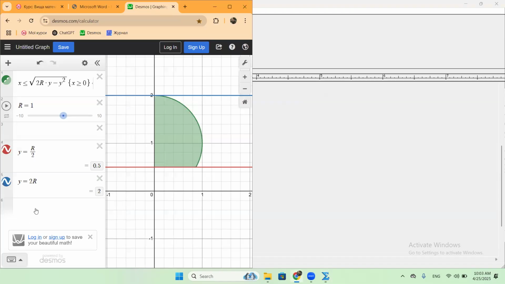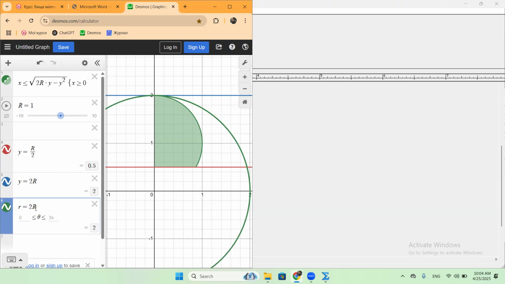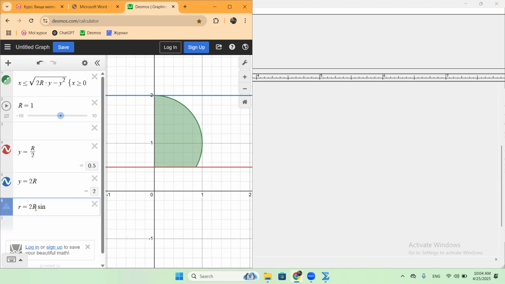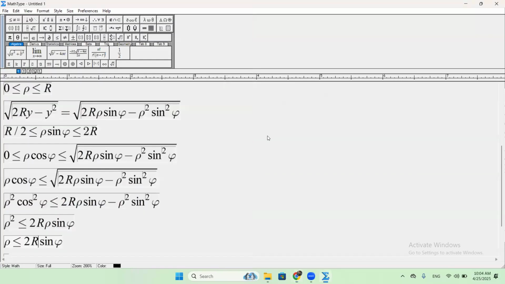And if we plot it here, it equals r sine of theta here. So actually this circle gives one of the limits for rho.